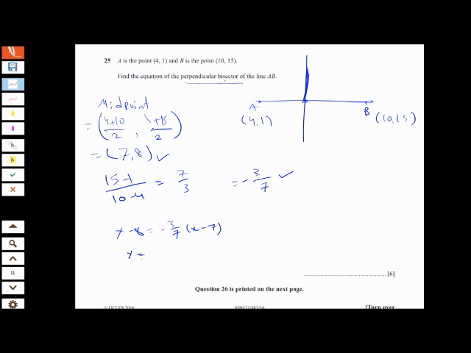Simplify that. y should equal negative 3 over 7 times x, and negative 3 over 7 times negative 7 would equal 3. And then when you bring 8 to the other side, it's going to be a positive 8. So plus 8, which gives plus 11. That would be your answer.